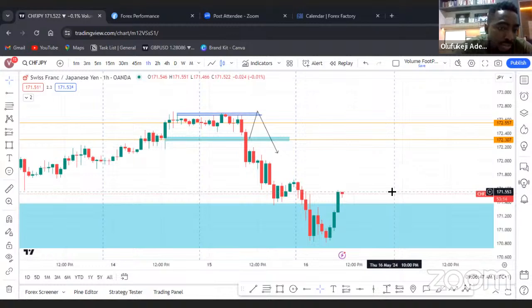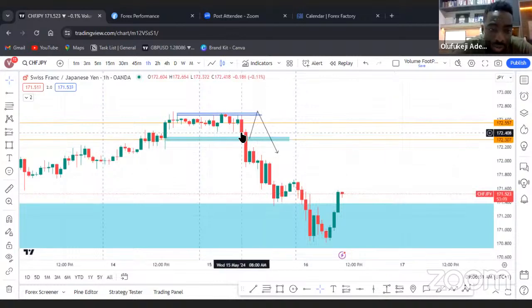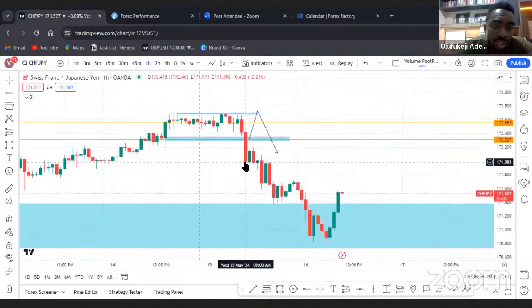So look at this. That first move to the downside went all the way down. One would have expected that it would close up, tap into some level of liquidity and come further down.